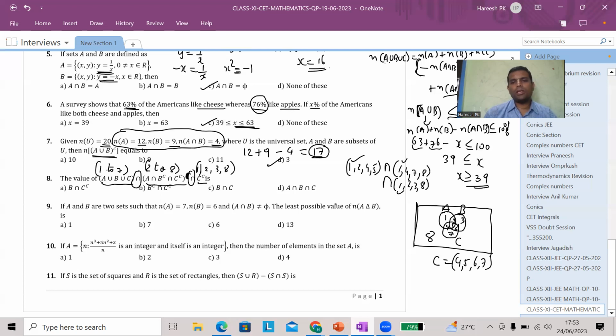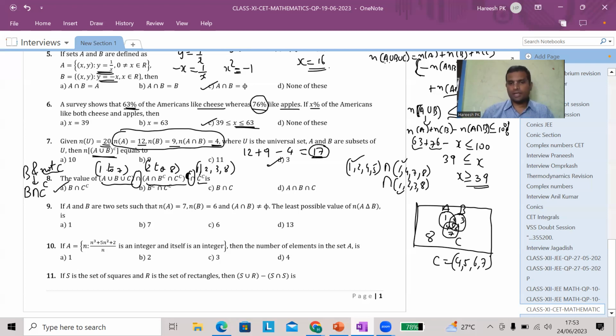So it is B intersection C complement. So the right answer is option A.